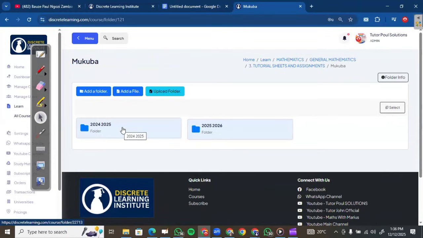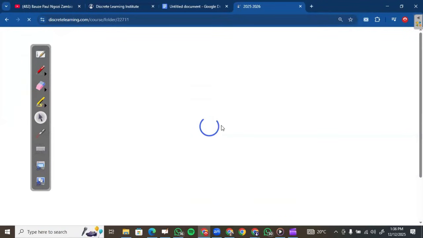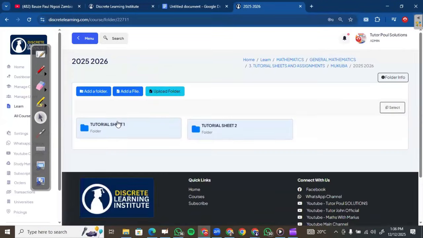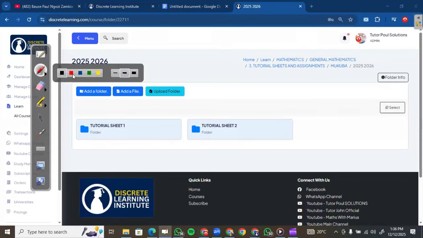There's the past intake, 2022-2025, and then we have 2025-2026, which is currently running right now. If you go in this folder, you're going to find tutorial sheet 1, tutorial sheet 2. We have videos for all the questions in tutorial sheet 1 and tutorial sheet 2. And all the tutorials that are going to be coming, we're going to be solving them and uploading them here so that you can learn in your own time, at your own pace, even in your blankets.